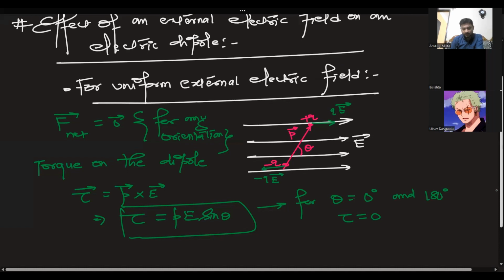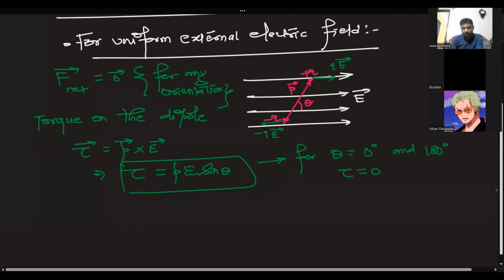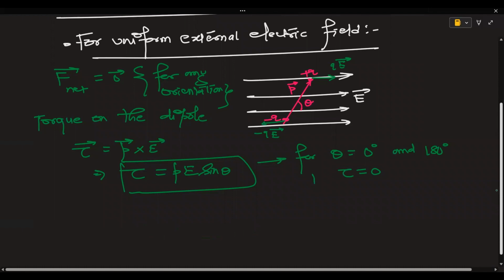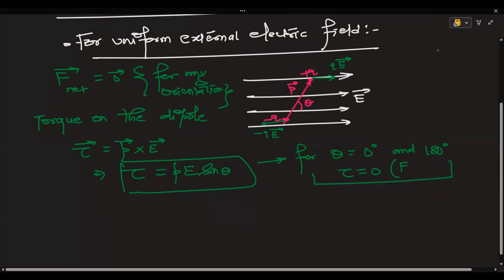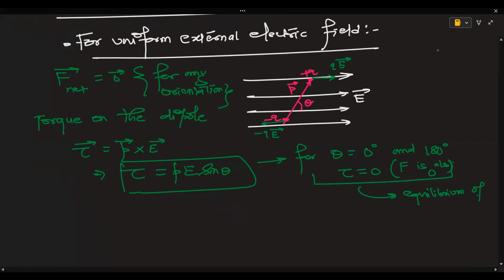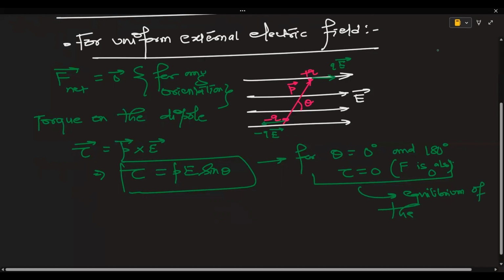That means for theta equal to 0 degree and 180 degree, torque is 0, right? Force is also 0. Okay? So this will be the condition for equilibrium of the dipole. So if we have placed a dipole along the line of a uniform electric field, then the dipole will remain in equilibrium.